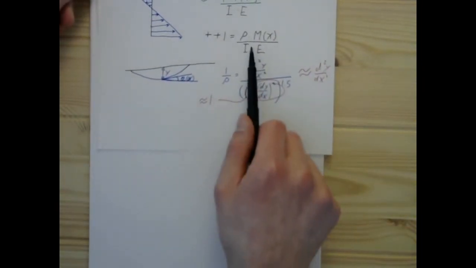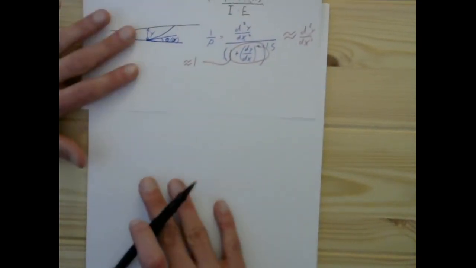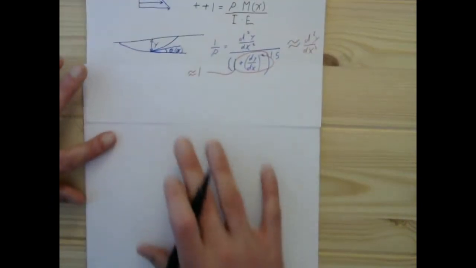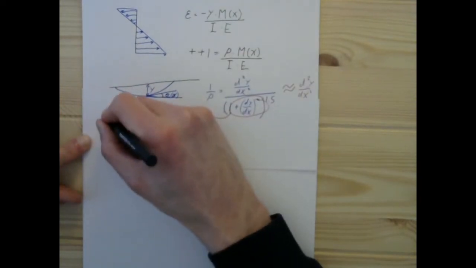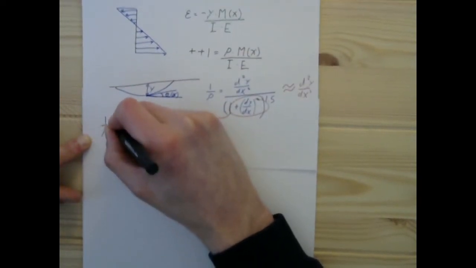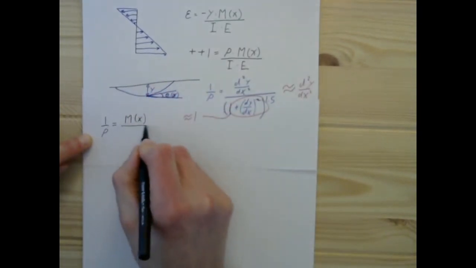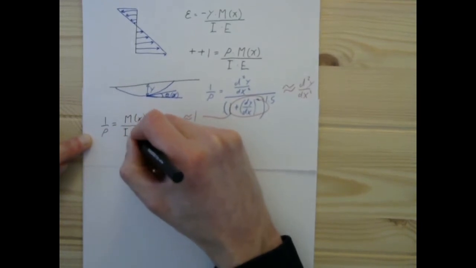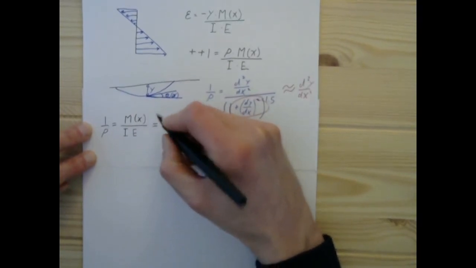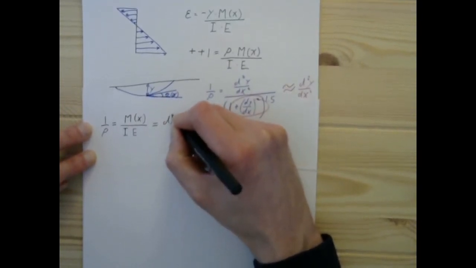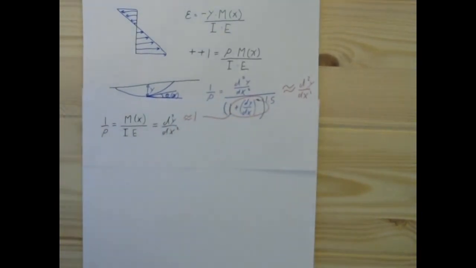So we can rearrange that and say that 1 over rho is equal to the moment at that point divided by our second moment of inertia and our Young's modulus, and it's also just about equal to the second derivative of the deformation.